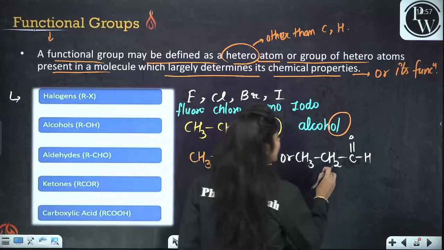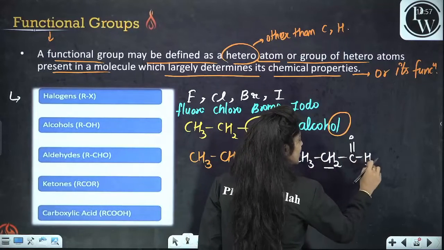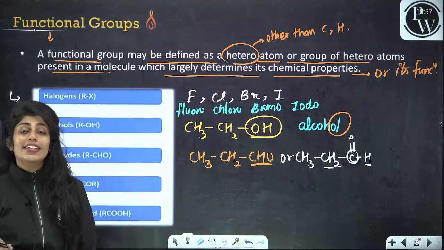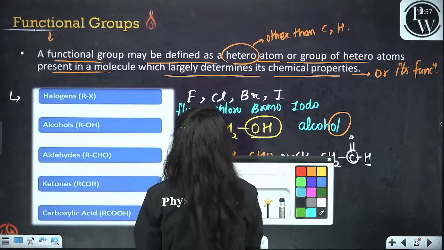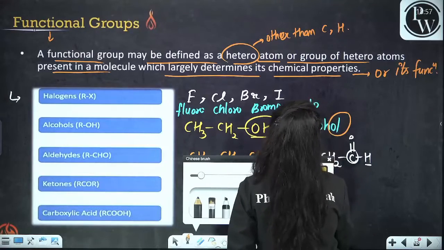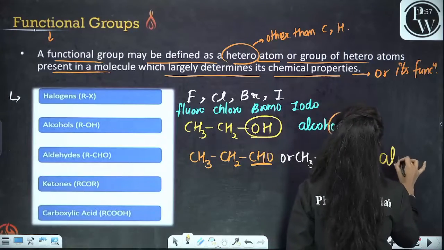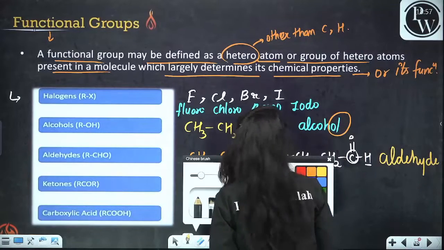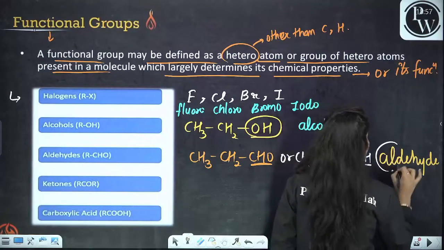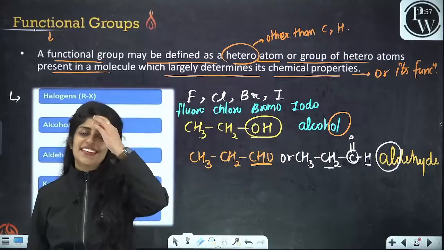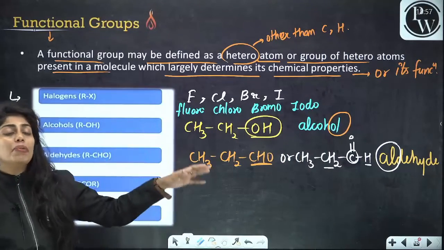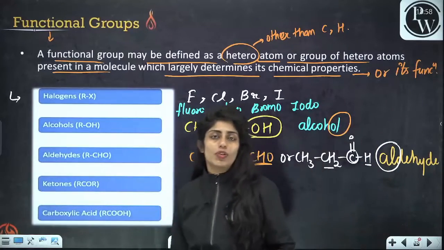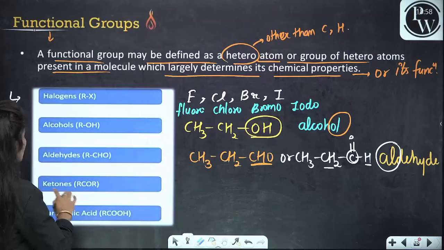You can clearly see here, this is the CH group, here the hydrogen, and oxygen is doubly bonded. So we call it the aldehyde group, and to name it, you have to steal "al" from aldehyde. Are we good? "Al" from aldehyde. In the case of alcohol, we steal "ol" from alcohol. Done.